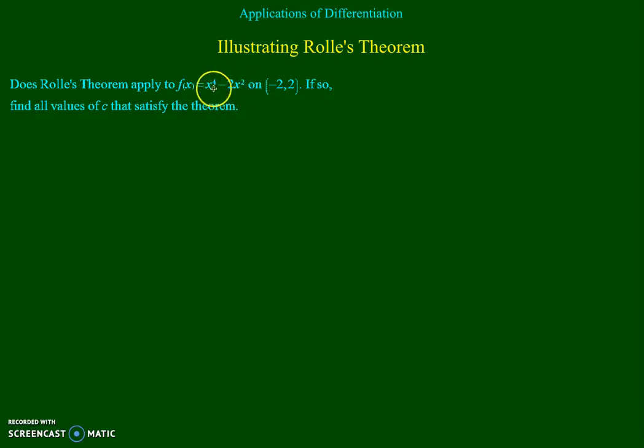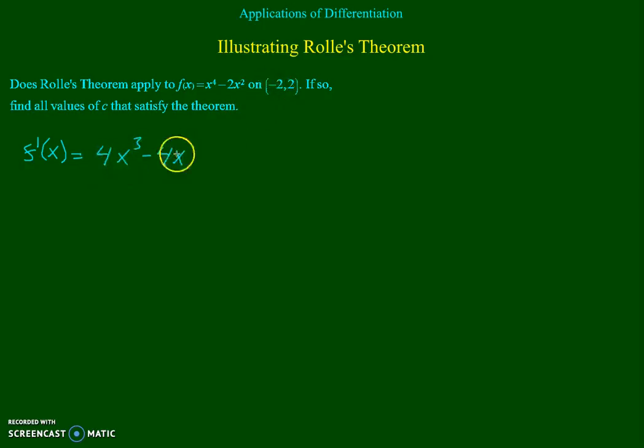The second condition is that the function has to be differentiable on the open interval. So let's go ahead and take the derivative of this function. f prime of x is 4x to the third minus 4x. And if we look, yes, we substituted 2 in here.